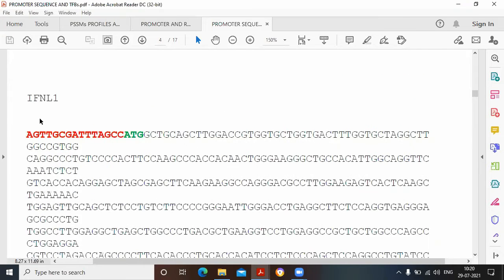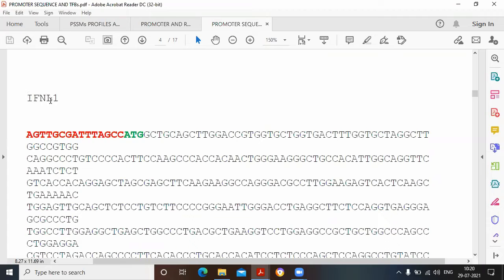Fine. And you just remove that greater than symbol and whatever is written there. Why are you going to remove it? Because you are going to find the upstream regulatory part, whatever is there. That's why you are deleting the definition line and just keeping the name of this particular mRNA.